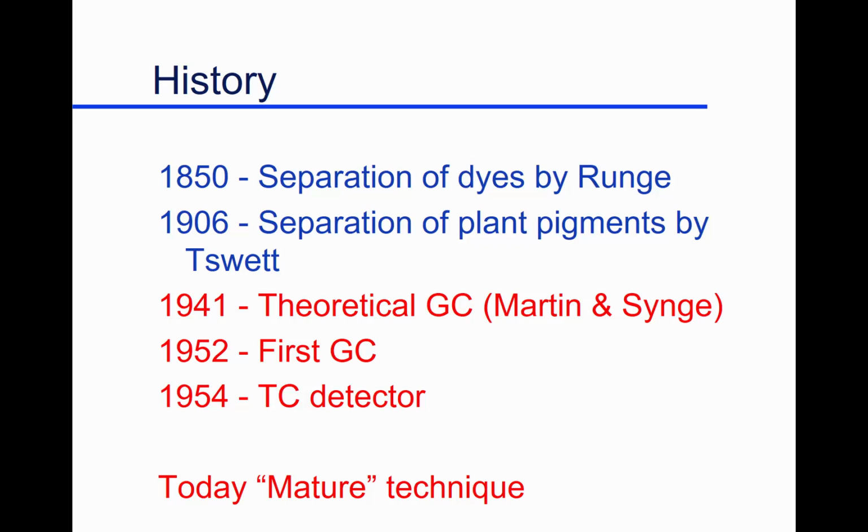So we really look at 1954 is when our thermal conductivity detector came into being. Now we started having a detector, and so we could do our separation, we could do our measurement. And it's interesting that this is a mature technique, and it was mature probably 25 years ago.